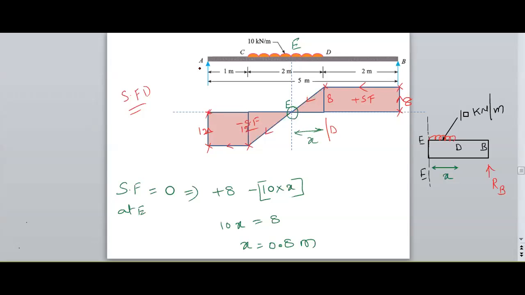So I have completed A, B, C, D points. Therefore, I am considering the E point at that location.